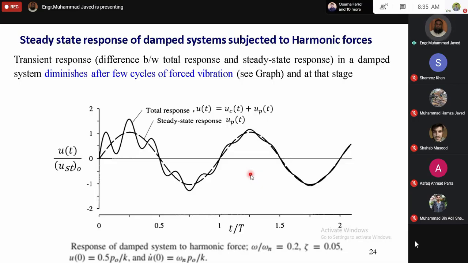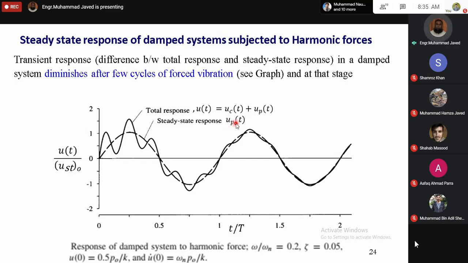In case of damped systems which are subjected to harmonic forces, the total response, which is the sum of transient displacement due to transient vibration plus displacement due to steady state vibration, is almost equal to steady state response after some time.